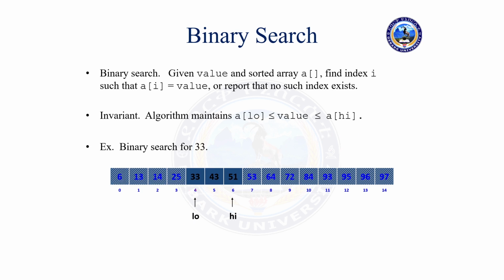After we get the values of low and high, again we have to find the mid value. So (4 plus 6) over 2, that is 5. So mid is at index 5. After we get the mid value, we have to compare 33 with 43.